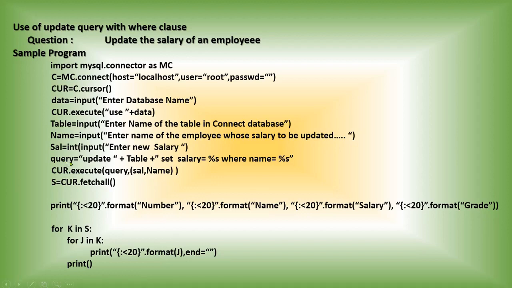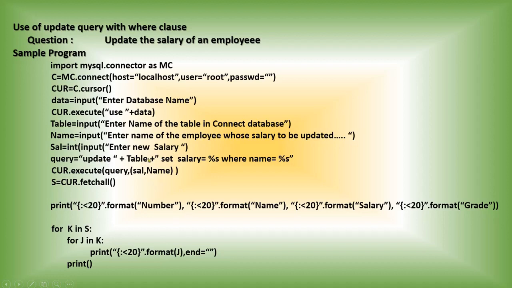Query is a variable name equal to this query: update table name, where the table is concatenated along with the update query. Set salary equal to percent s. This percent s is replaced with the salary value which is accepted from the user. And where name equal to percent s, where this percent s is also replaced with the name of the employee.